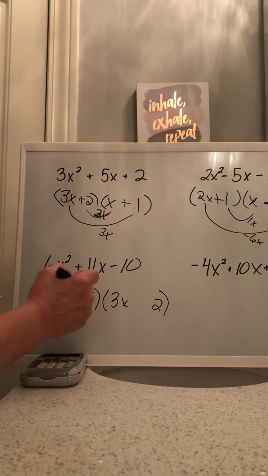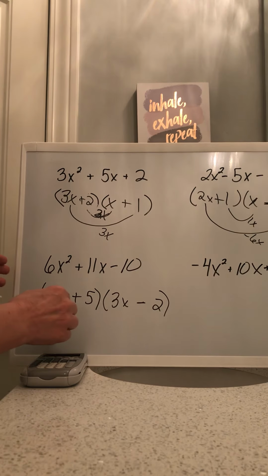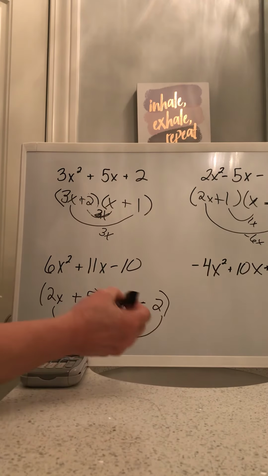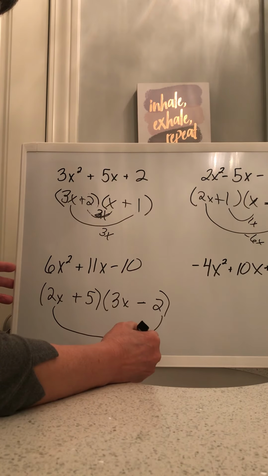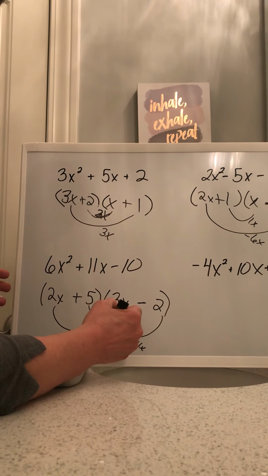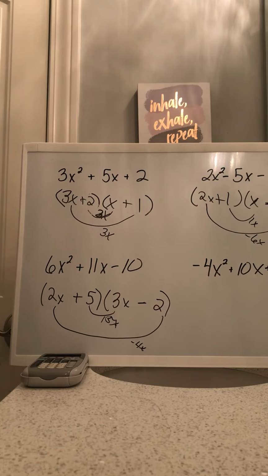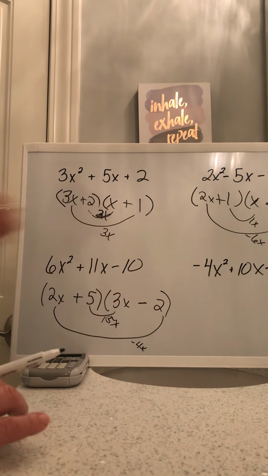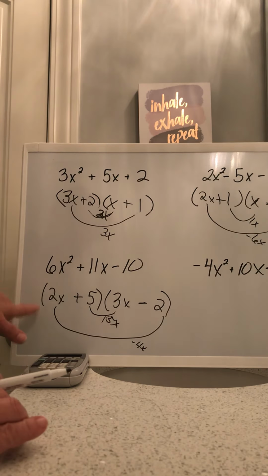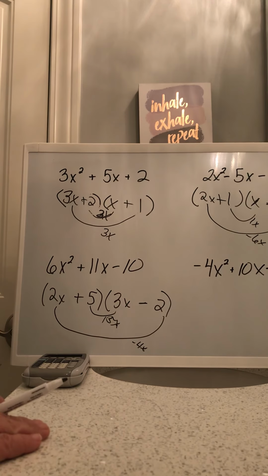And I'm going to make the 5 positive and the 2 negative, so that my outers give me negative 4x and my inners give me 15x. And those 15x and negative 4x would add up to our positive 11x. So it's really like a puzzle, playing with the factors of these terms so that when you remultiply, those outers and inners add up to the middle term.